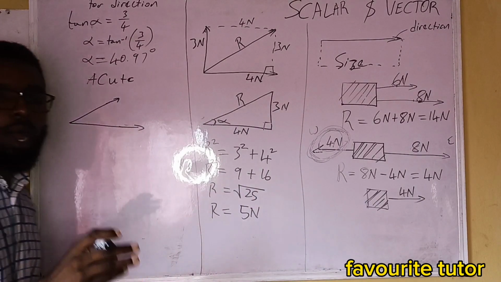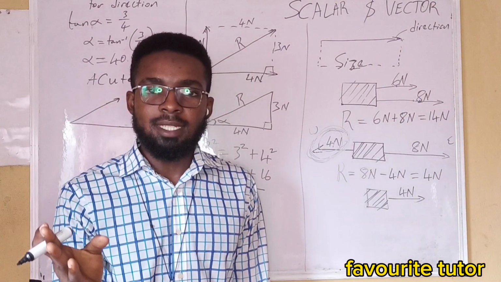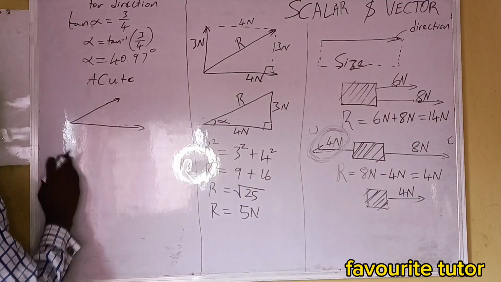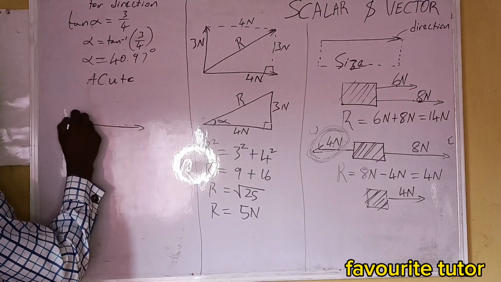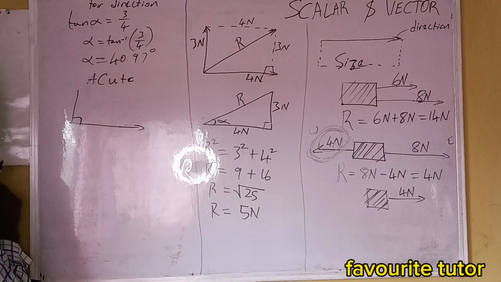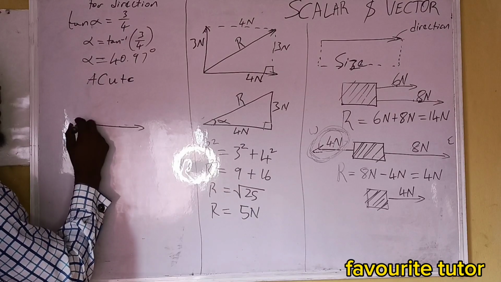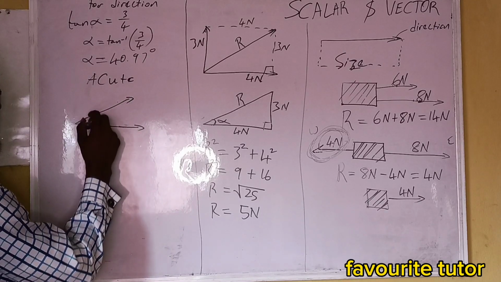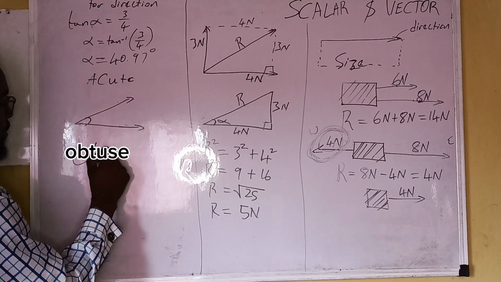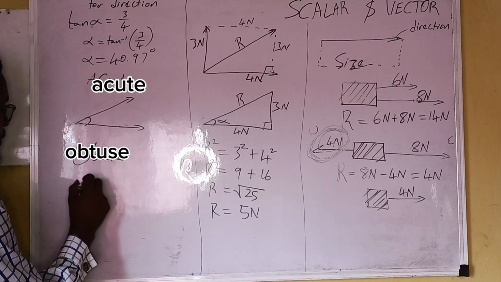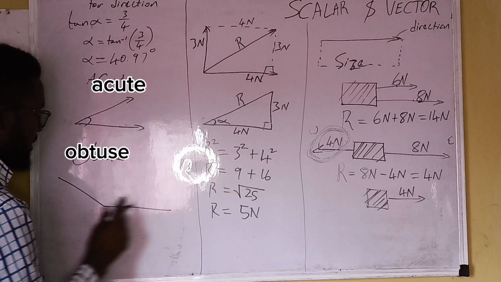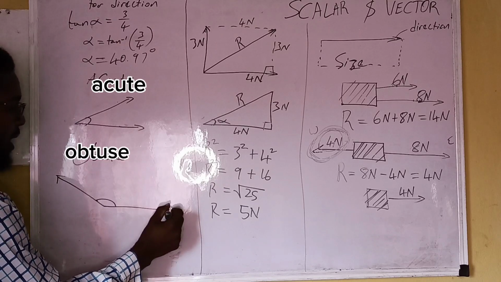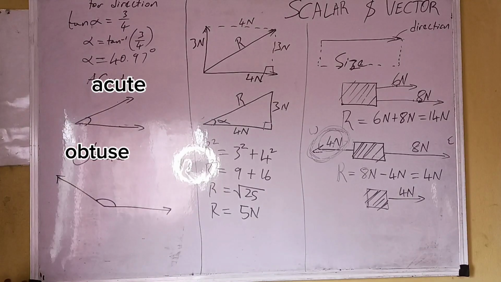While an obtuse angle is greater than 90 but less than 180. So this is an acute angle because it's not up to 90 degrees. This is 90 degrees when it's perpendicular. For obtuse, it is above 90 but less than 180. So this is obtuse.